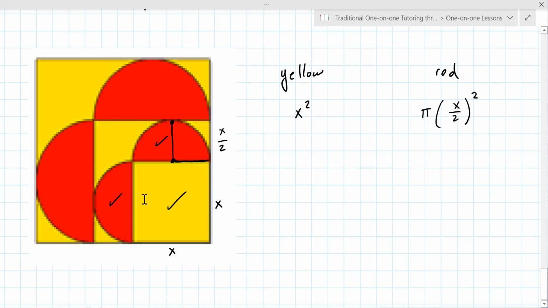Its base is x over 2 plus x, which is 3 over 2 x, times 3 over 2 x, so 3 over 2 x squared. That's the big one. Minus the circle, pi times x over 2 squared, minus the other yellow.